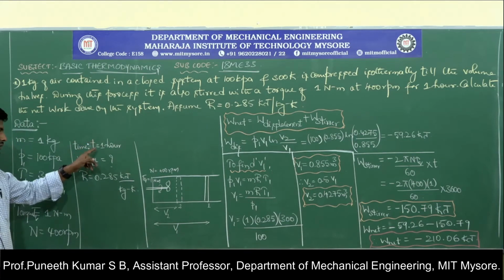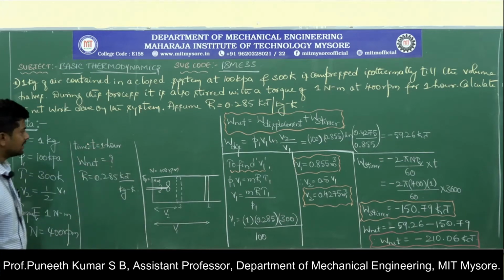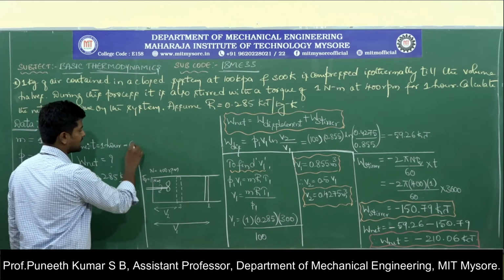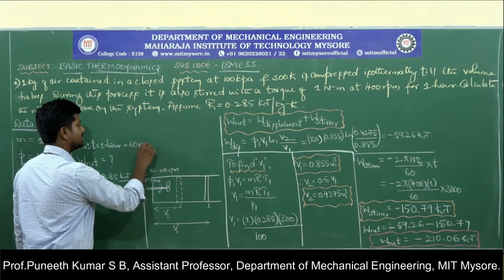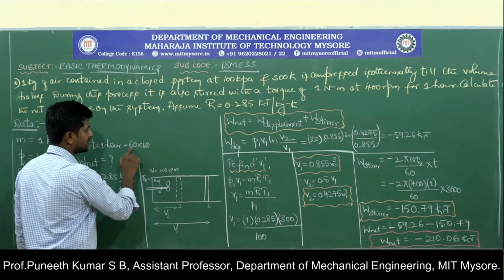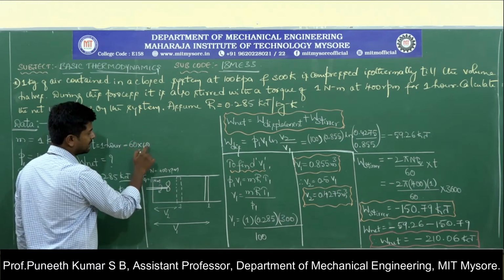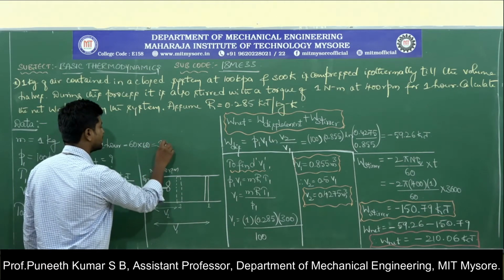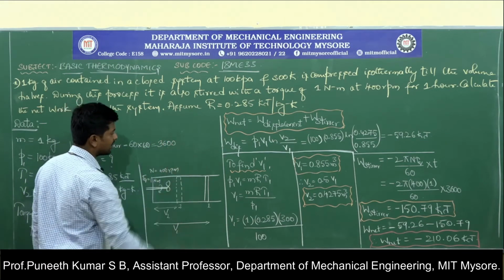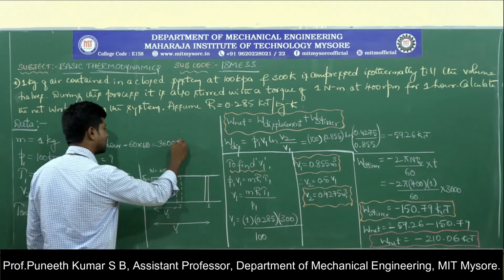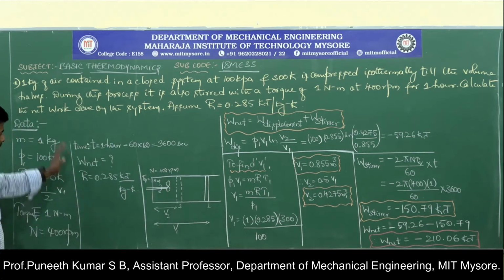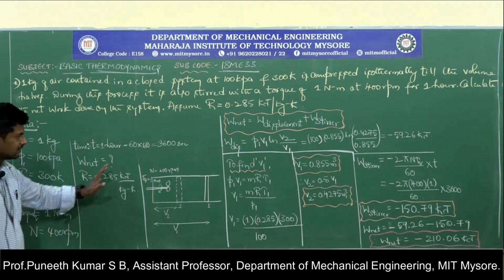Time I am representing by small t, okay, it is 1 hour. It can also be expressed in seconds as 60 into 60, that is 60 minutes in 1 hour, and in 1 minute there are 60 seconds. So the total quantity of seconds in a time period of 1 hour will be 3600 seconds. So all the data has been written down.